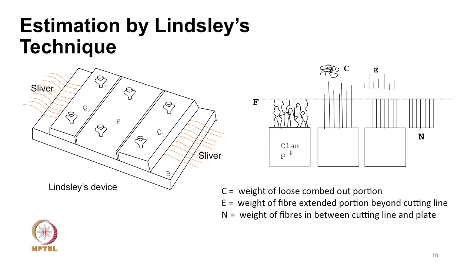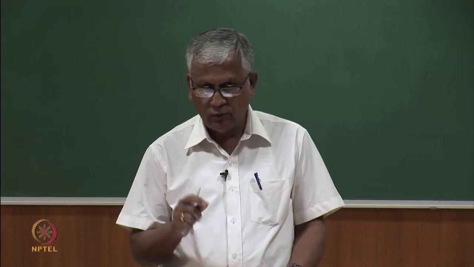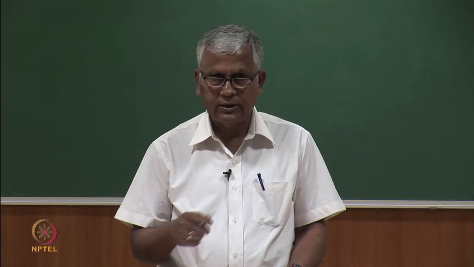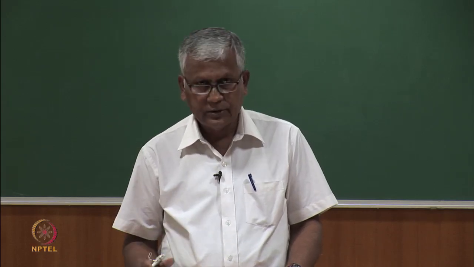So, what we do? We first remove the top plates and place a sliver. Once the sliver is put there, we may put 2 slivers or 3 slivers side by side, if we feel that one sliver is too thin.